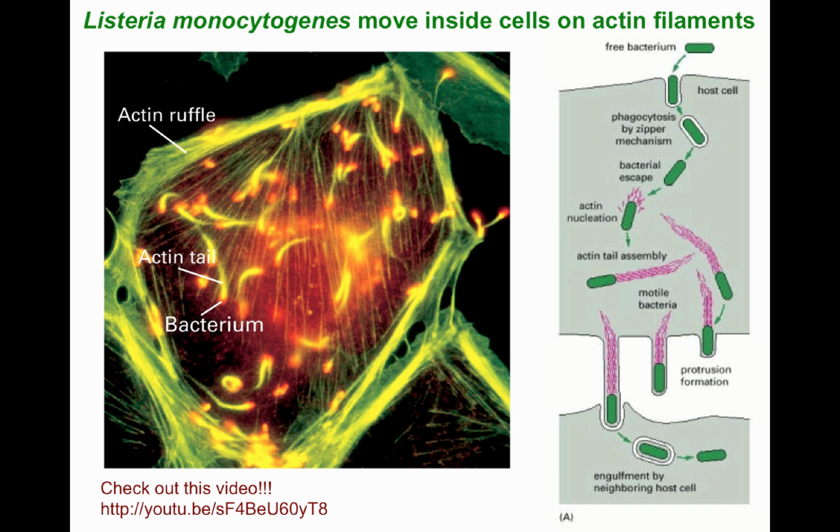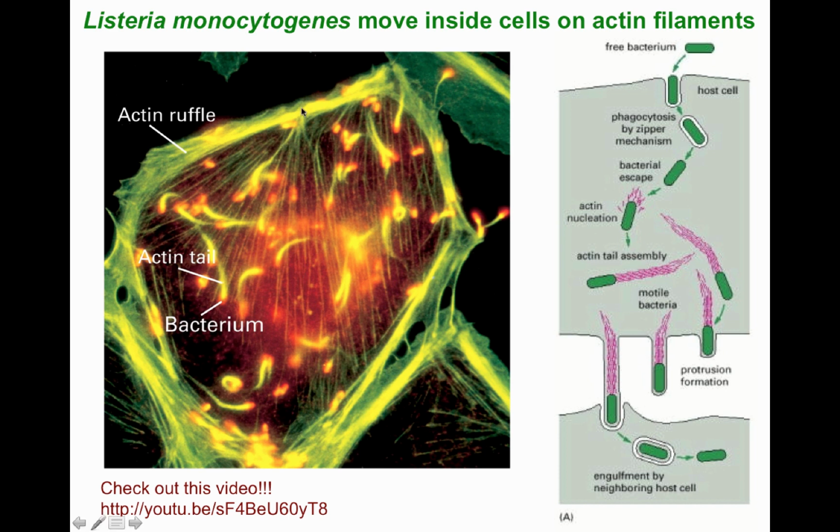But at the pole of the bacterium, the microorganism is able to organize an actin filament and make it grow. As the actin filaments begin to polymerize, the organism is pushed by the actin filament. What you can see here on the left is this explanation in a cell that has been stained to show actin.